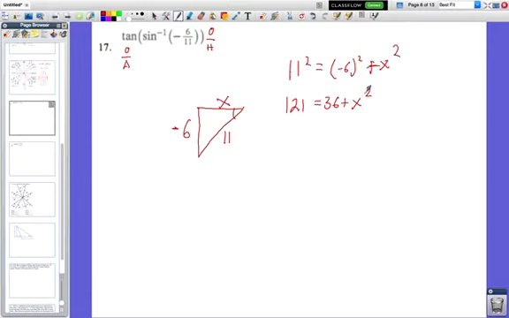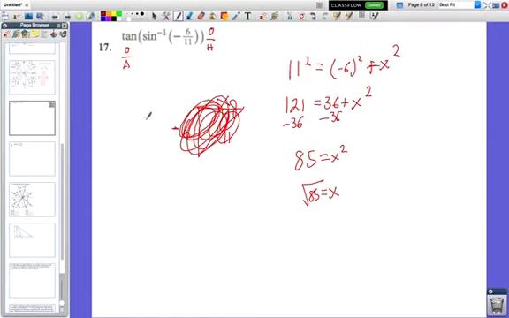Now that I've done that, I'm going to subtract 36. That would give you 85 equals x squared, and x is going to be the square root of 85. Now, in this case, with this picture, I am going to have it where I draw it this way. I'm sorry for that.